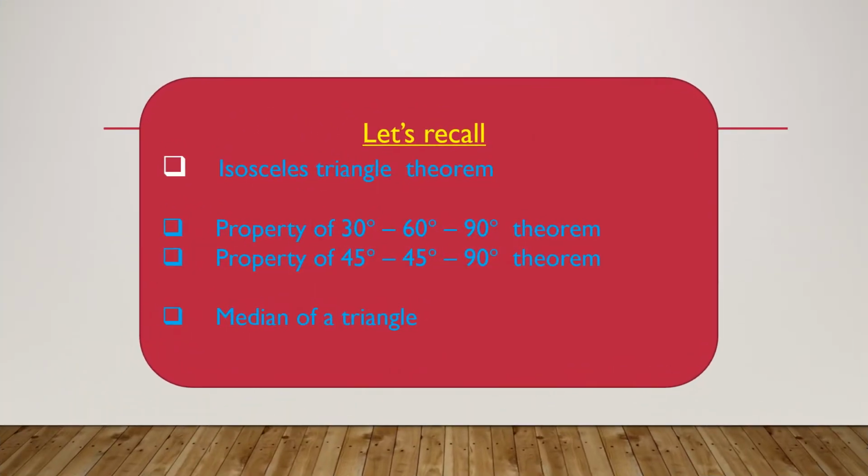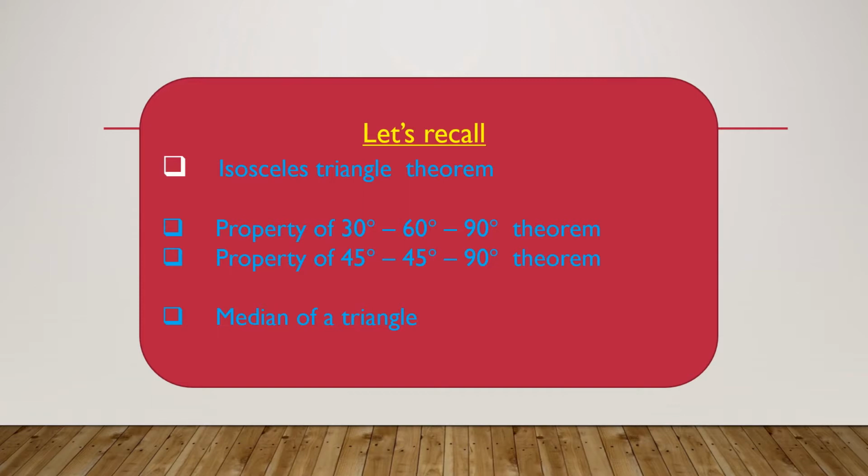Let's recall what we studied in the previous module. First one is the isosceles triangle theorem. That is, if two sides of a triangle are congruent, then the angles opposite to them are congruent. Second one, the property of the 30-60-90 degree theorem.